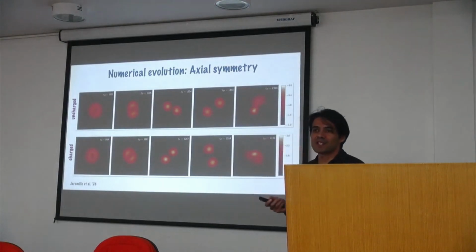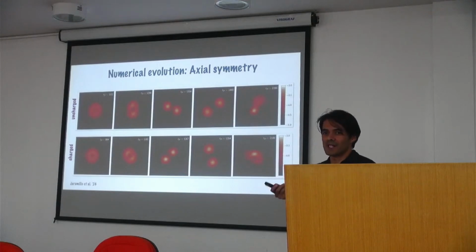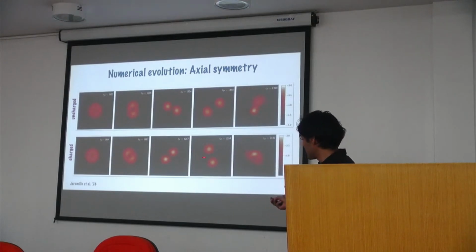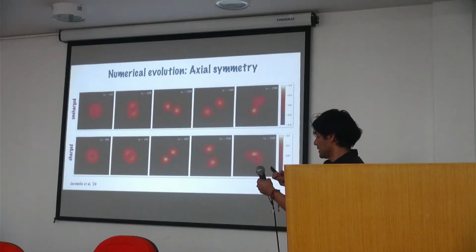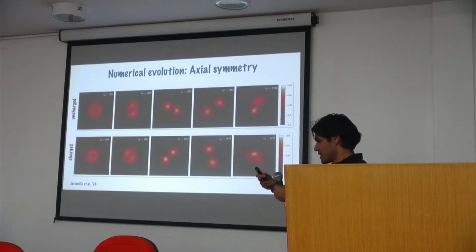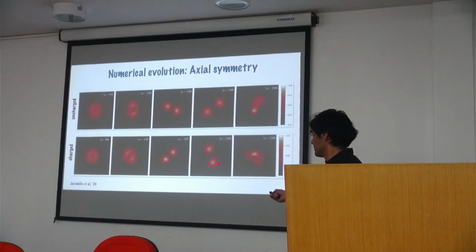Now the question is, what will we expect when we have charged axisymmetric stars, and what we discover is actually that the stars are more unstable. So essentially the same is happening. You can see essentially the star has this m equals 2 mode instability. They break into pieces. These two pieces inspiral to each other, and then they merge and collapse to a black hole.